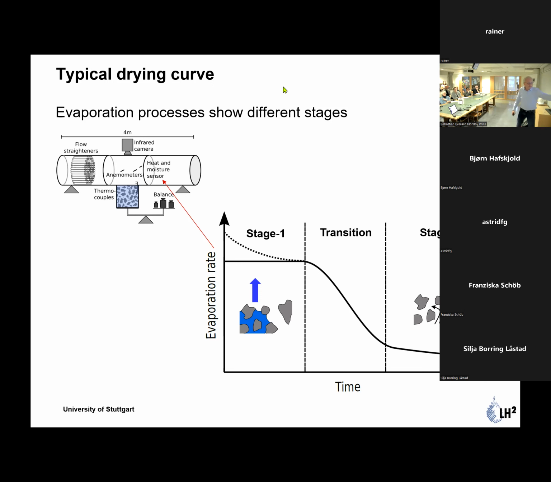That means you get the transfer. And if the first layer is empty with liquid, then of course you get only vapor-driven processes in the gaseous phase. That means you get a decrease of the evaporation. That's stage 1, and then it's stage 2. Clear for all of you?